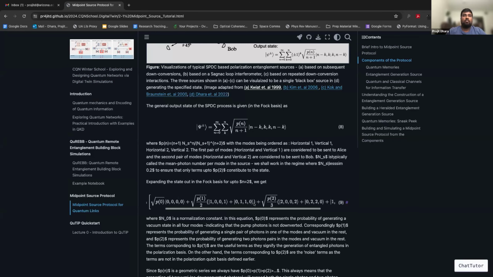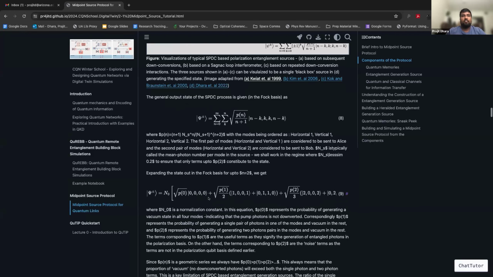But you can look at the state and already start seeing where you would get polarization entanglement. Specifically, this term over here, 0, 0, 0, 0, is no photons anywhere. In fact, it's just vacuum coming out. So with the probability P0, you can say that this corresponds to the SPDC process failing. If there were no other losses in the system, this is exactly the term that corresponds to the pump photon not getting down converted.